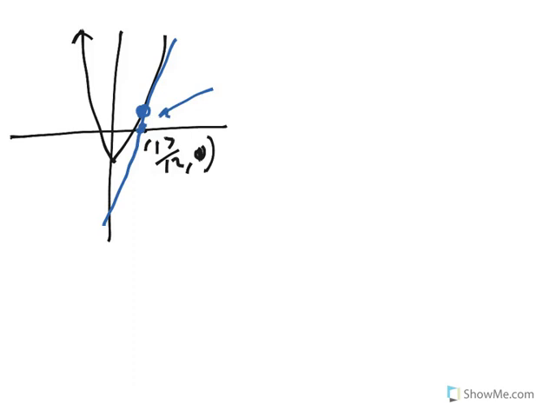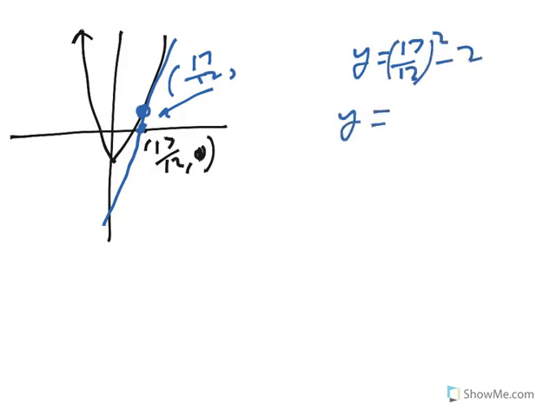Well, this point has an x-coordinate of 17 over 12, but its y-coordinate, this was x squared minus 2, so the y-coordinate is 289 over 144 minus 288 over 144, which is 1 over 144.